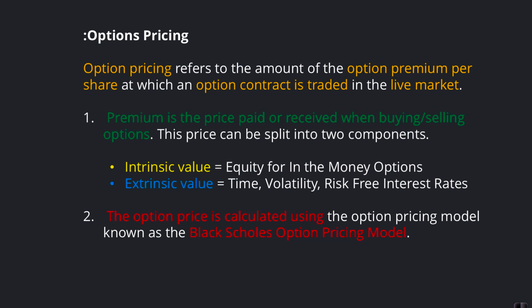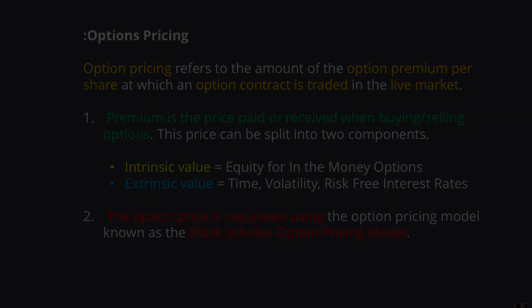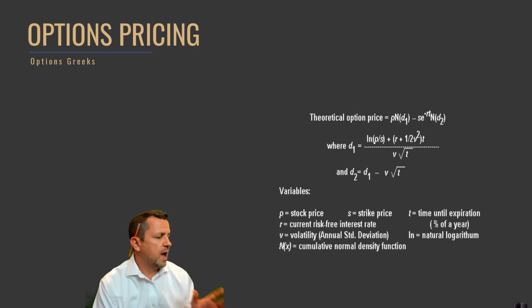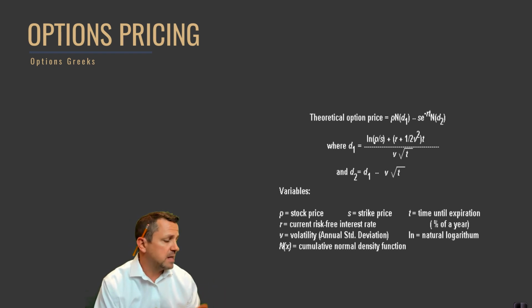The option price is calculated using that option pricing model known as the Black-Scholes option pricing model. Here we have the Black-Scholes option pricing model. Now that's a pretty fancy math calculation, and what we're looking at here is quite a bit of calculus.